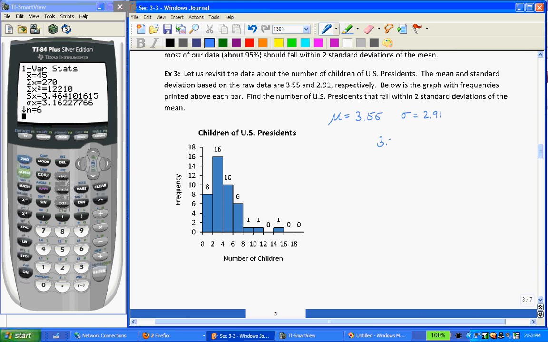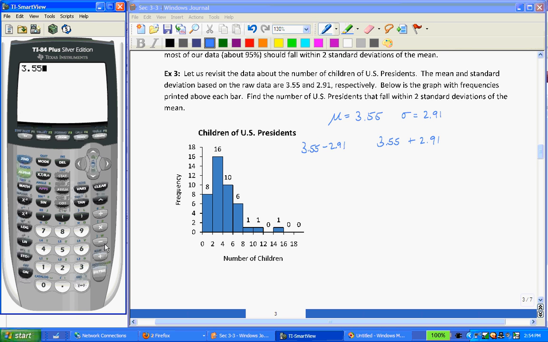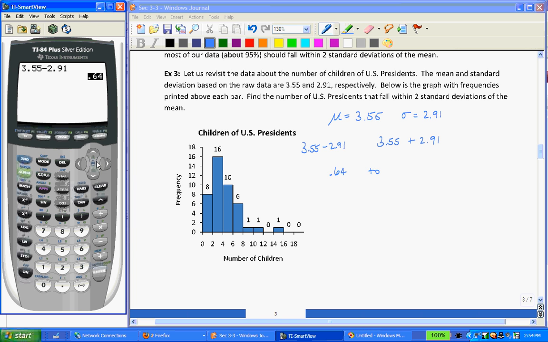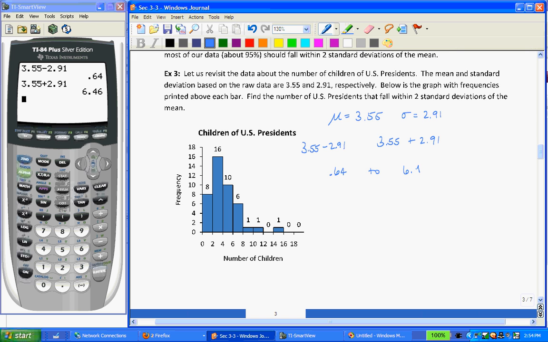One standard deviation within the mean would be plus 2.91 on one side and minus 2.91 on the other. So let me set that up over here. Let's see what we get. So 3.55 minus 2.91 takes us to 0.64 and plus 2.91 to 6.46.